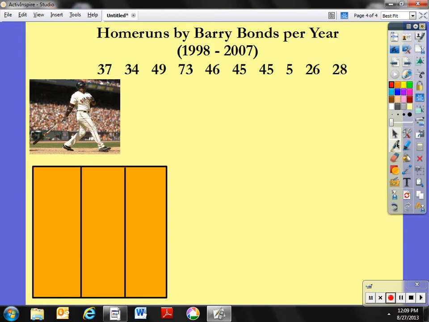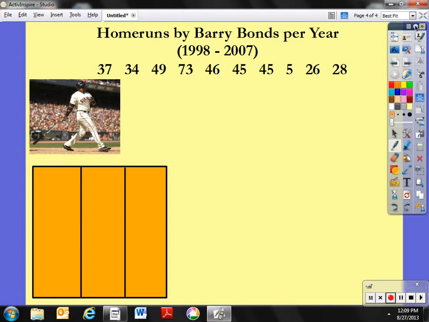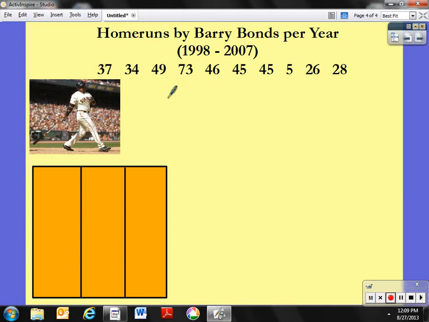First thing I like when I see data like this is to put it in order from least to greatest, which we've talked about. If I look here, the smallest number is 5. I'll cross that out. Then I have 26, I believe, is the next smallest, 28, 34, 37.